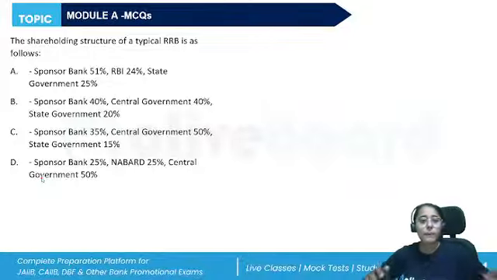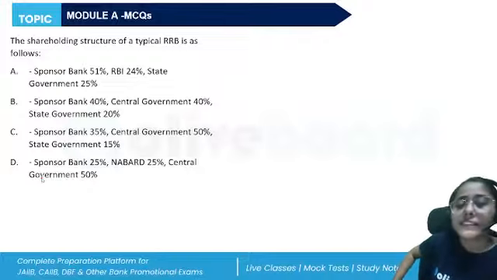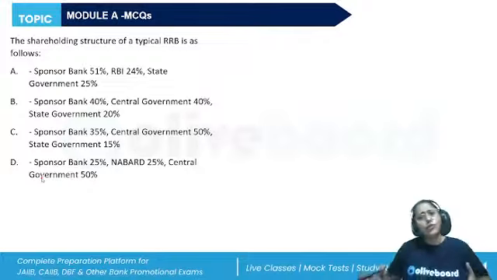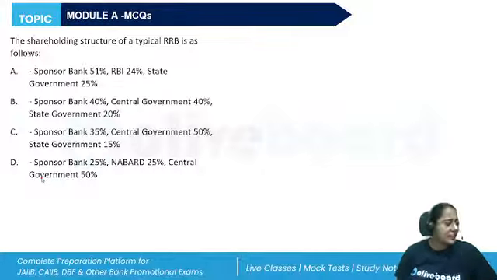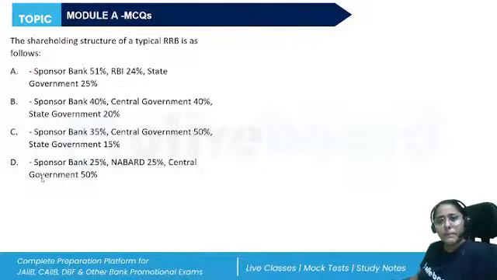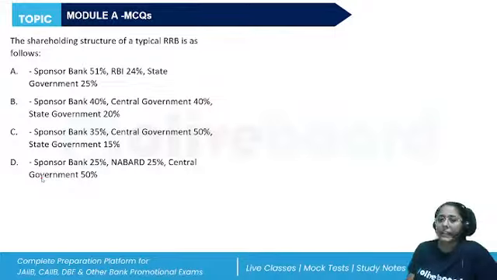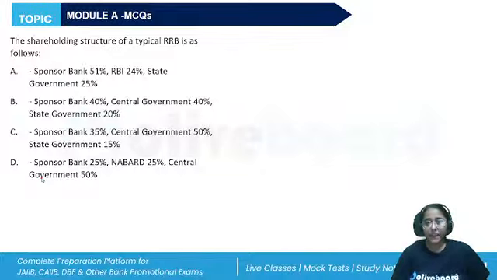RRBs are also public sector institutions. These are regionally based, rurally oriented, engaged in commercial banking, set up under the RRB Act of 1976, right? The central government is going to establish the RRB, and there should be a sponsor bank by which the RRB is sponsored.